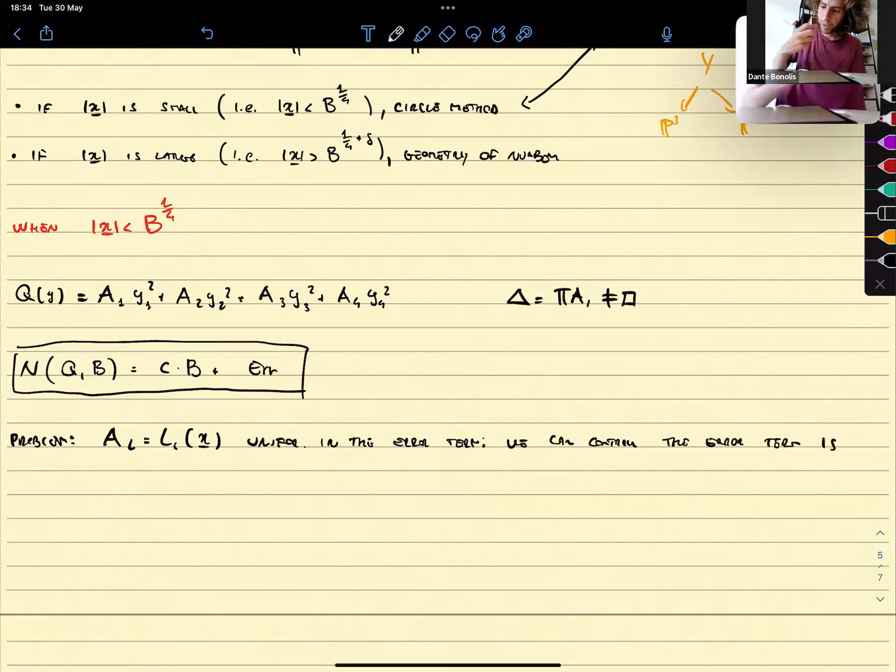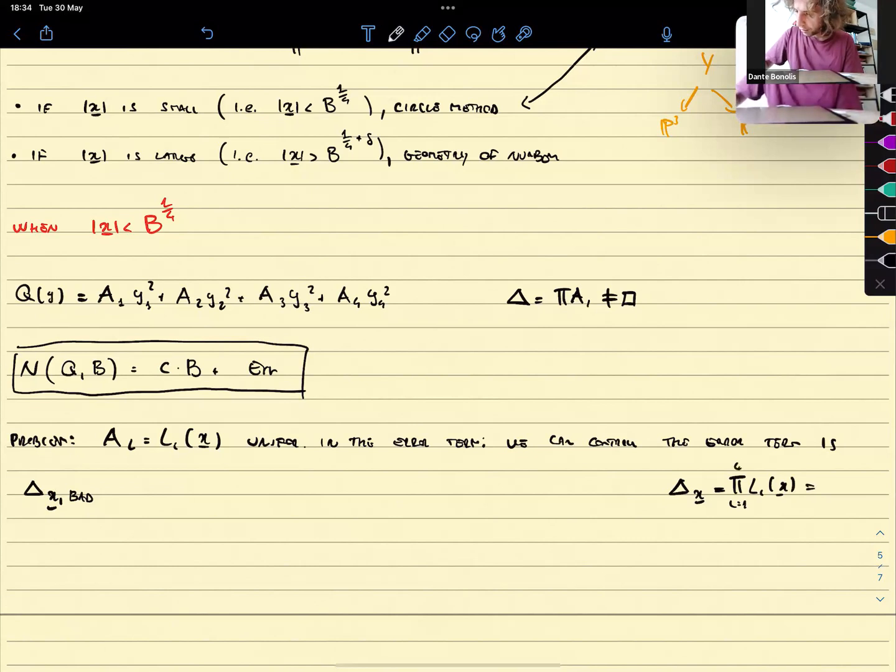If what we call delta X bad is small. Here delta X is, as you can imagine, the product of the linear forms, the discriminant of the quadric when we fix X, and this is not a square. Delta bad is going to be the squareful part of it.